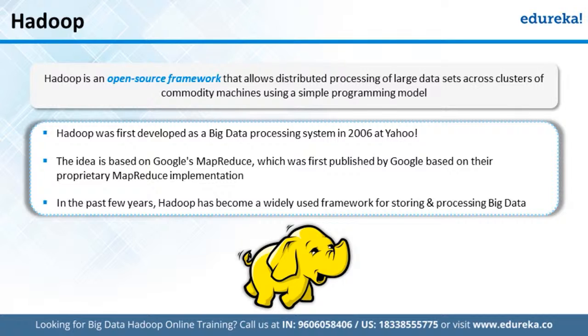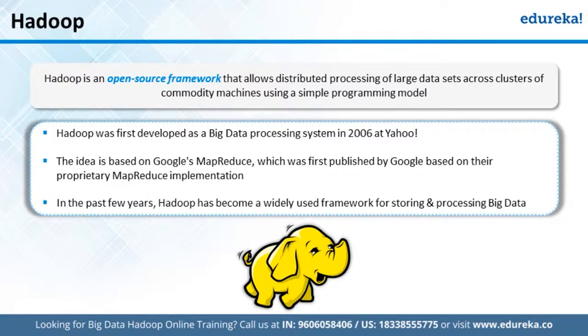How it used to happen is everything gets loaded onto a cluster of two or three machines. In this definition, distributed means it's not just on one server, it's across multiple servers, and people have clusters of servers running not in hundreds, but in thousands.